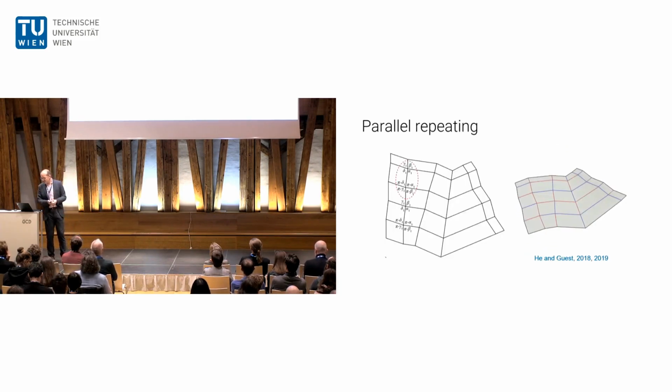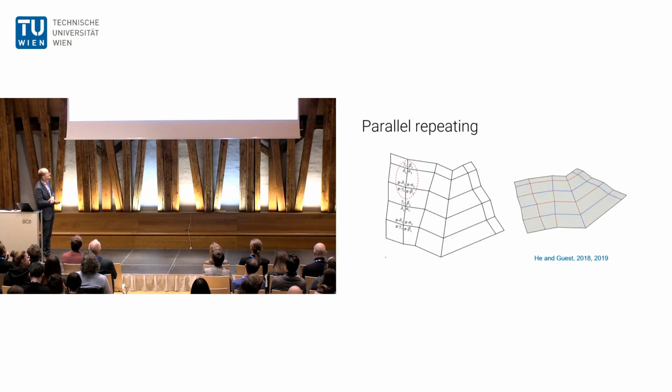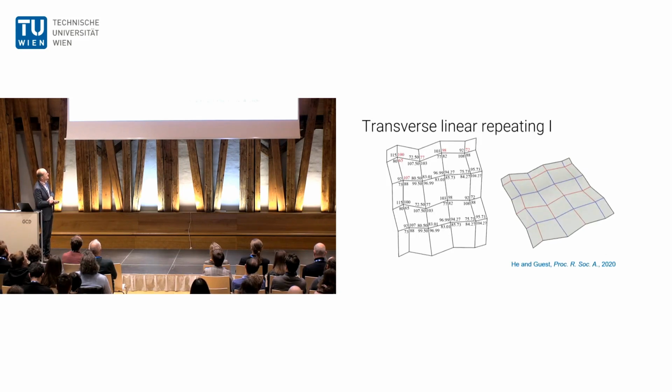But there are lots of other possible ways of doing this that my student Zerwan has come up with, and we have various names for them. This parallel repeating example. There's various other linear repeating examples.